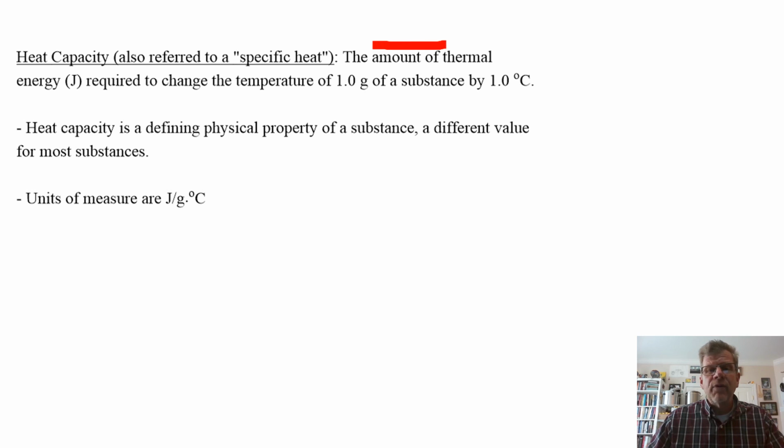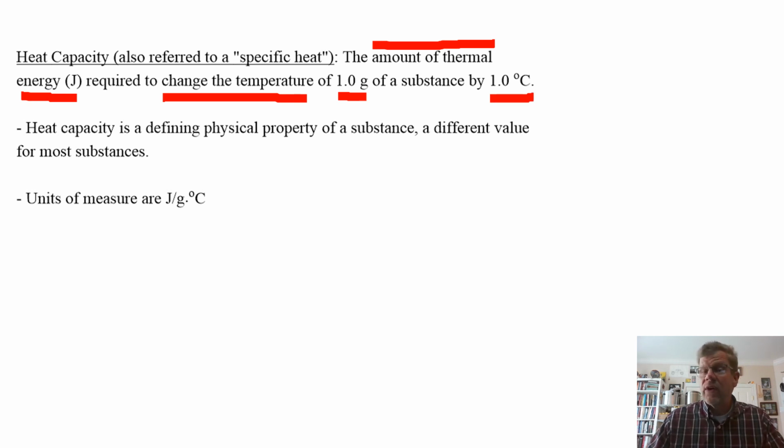It's the amount of thermal energy, in joules, required to change the temperature of 1 gram of the substance by 1 degree Celsius. That's very similar to what we looked at before. And as we said, the heat capacity is a defining characteristic, a defining physical property of a substance, different value for most substances.